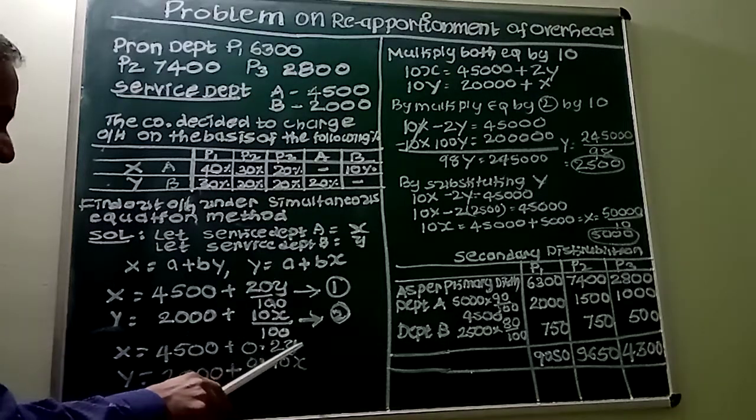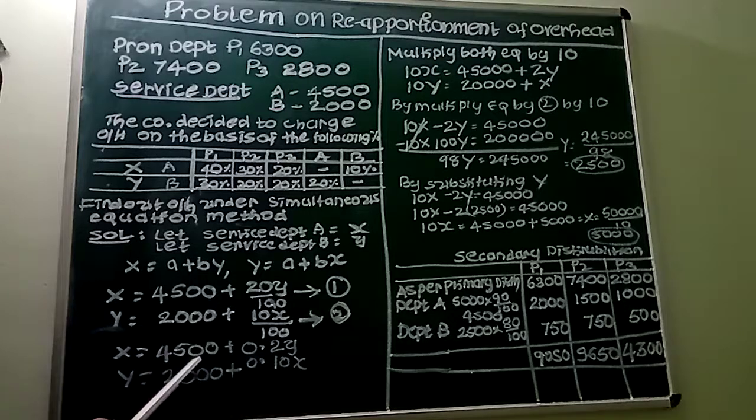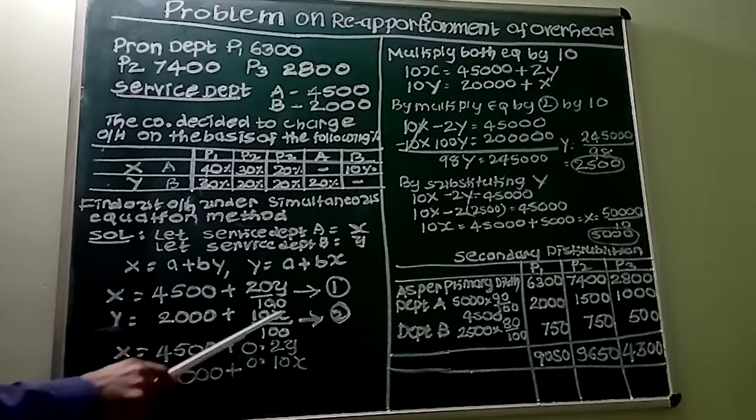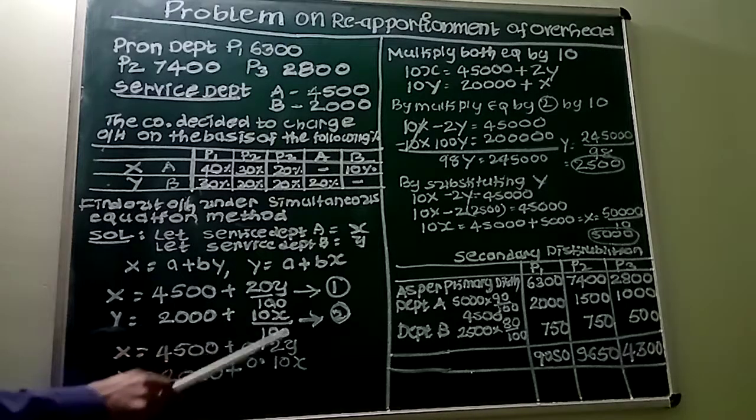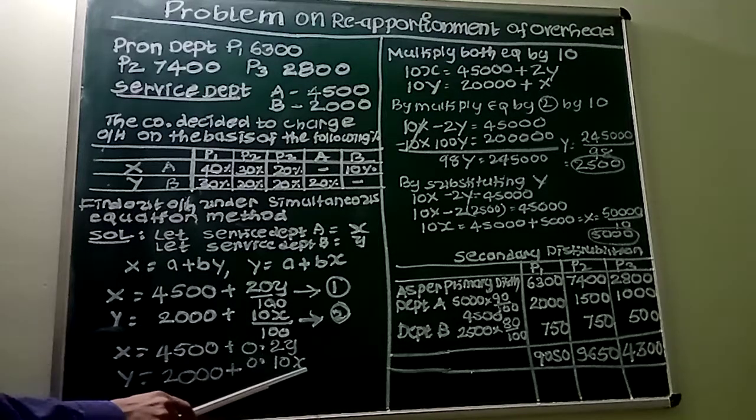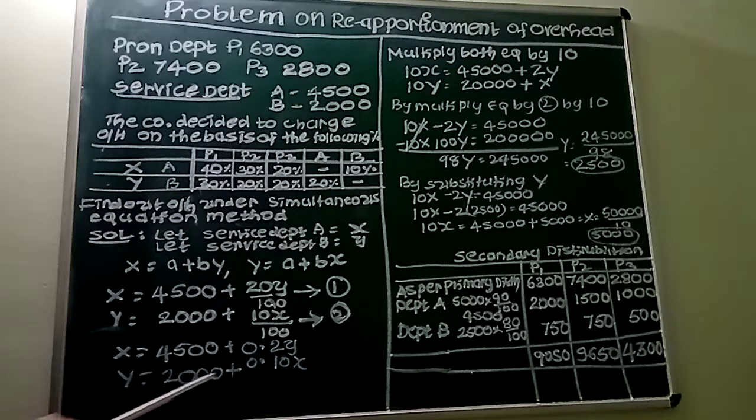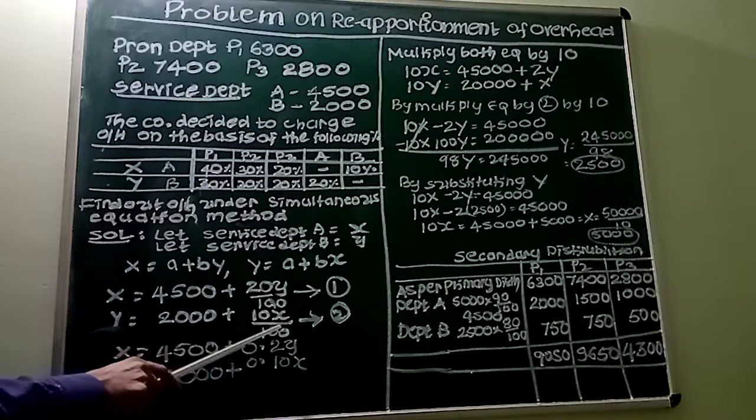I have written it like this only. So this has become 4500 plus 0.2Y. This is one. Second one, Y is equal to 2000 plus 10 divided by 100, that is 0.10X. Repeat, 2000 plus 10 divided by 100, 0.10X.